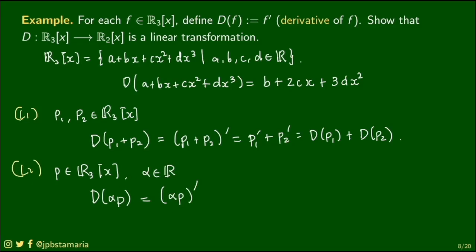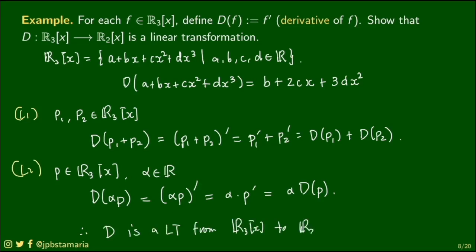But remember, if you have a scalar before the derivative operator, the scalar simply comes out of the derivative operator, and what you have is alpha times the derivative of p from calculus once again. Therefore, this is equal to alpha times D of p. Therefore, we have confirmed that D is a linear transformation from R3[x] to R2[x].